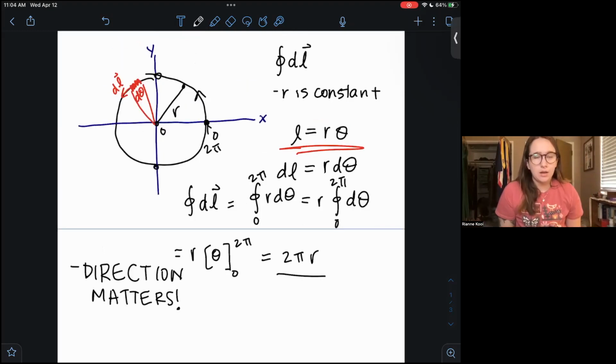The direction of this dL matters, because we could be going from 2 pi to 0 or 0 to 2 pi. If we went from 2 pi to 0, then we would end up with a negative 2 pi r. So direction does matter with how we are doing our integrals.